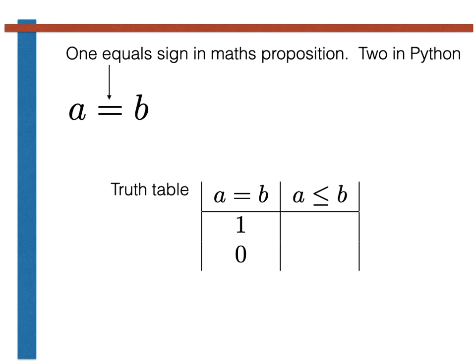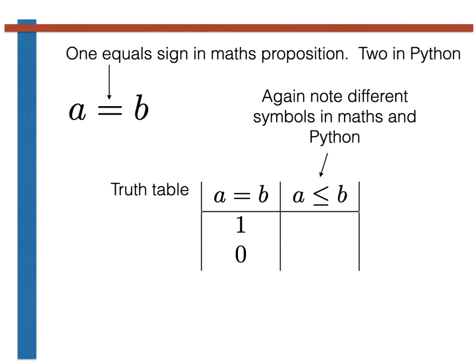Before I reveal what numbers appear in the truth table, note once more that the symbol for less than or equal to that we write when we write mathematical expressions is different from the symbol that was used within Python. This digression aside, we can now fill in the table. If the proposition A equals B is true, then the proposition A is less than or equal to B must also be true.